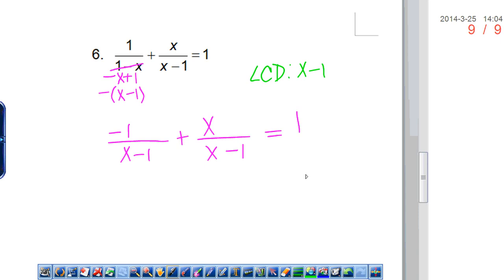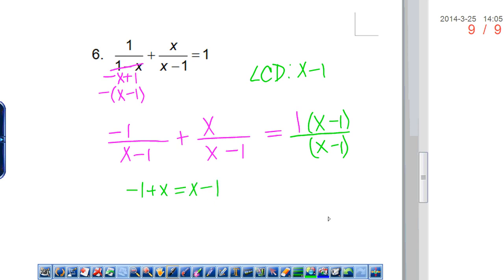So the only thing I would need to apply that to is my final fraction. So I would multiply by x minus 1 over x minus 1. So would you agree that that gives me negative 1 plus x is equal to x minus 1?